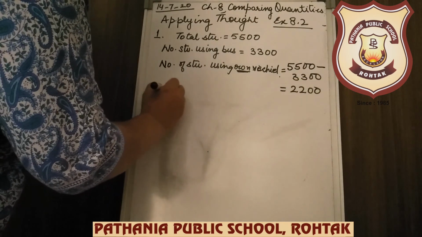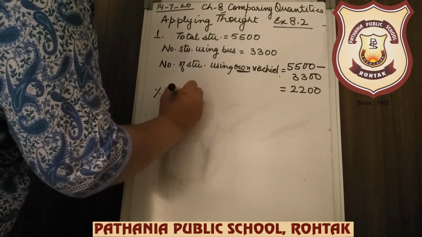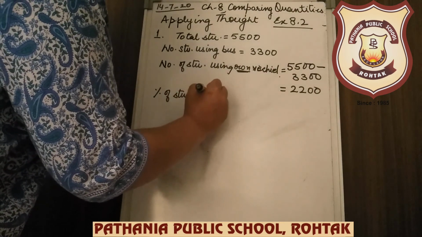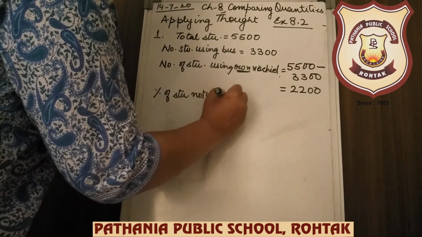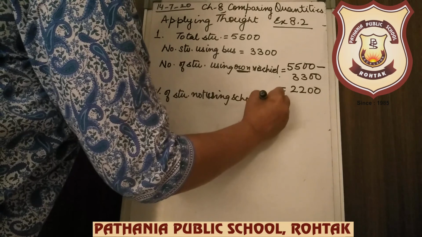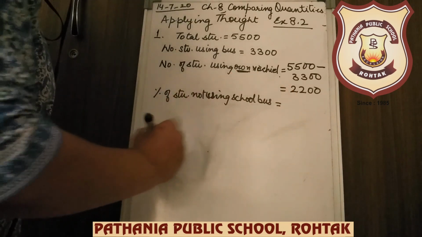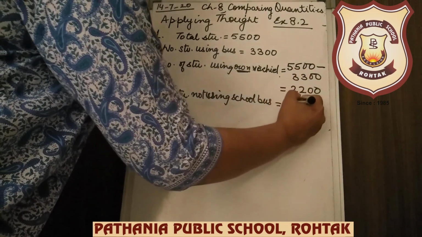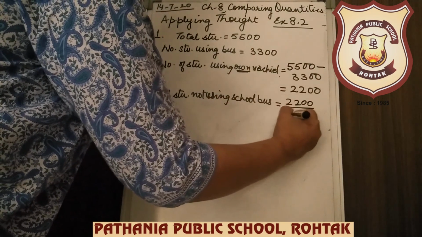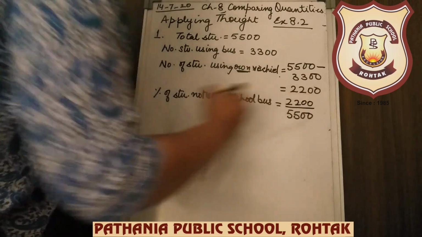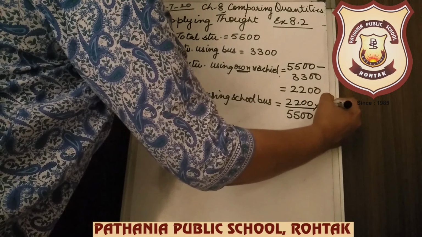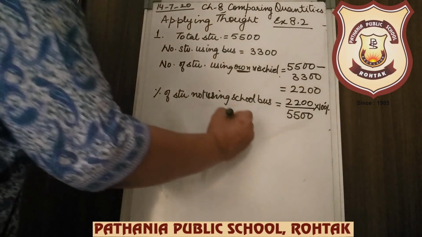Now percentage of students not using school bus is equal to 2200, the students who are not using it, out of 5500, and you have to change it into percentage, so multiply it with 100%.